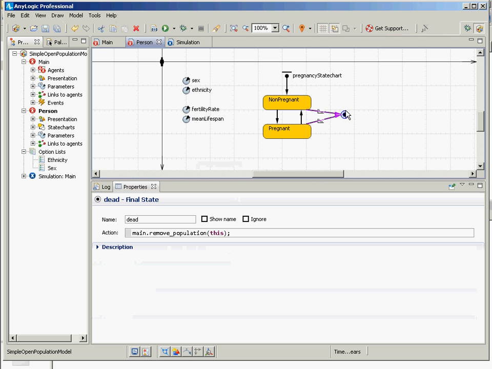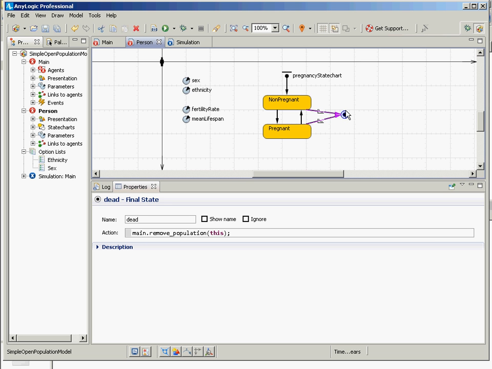I would say it would be a little strange if immigration were at the level of a person, because the person isn't already there to immigrate. It's not something affecting a person already in the population. By contrast, mortality is affecting a person already represented in the population, so it's a characteristic of that person. And so I would put it here.